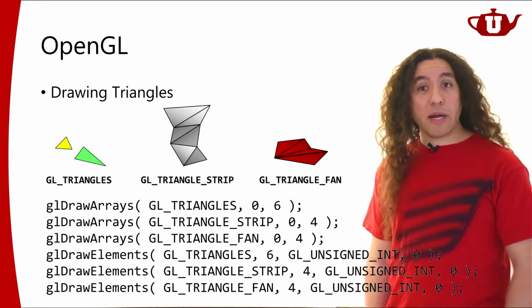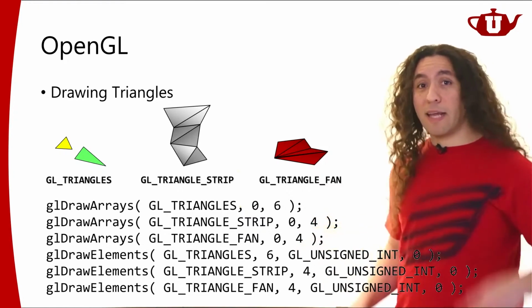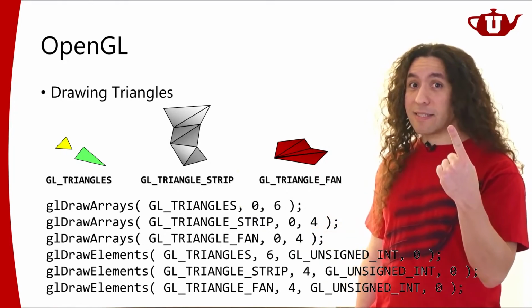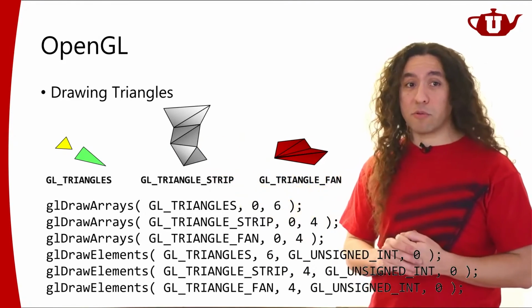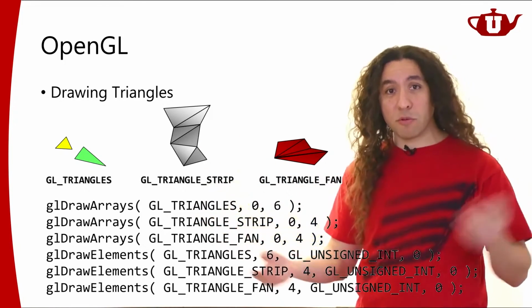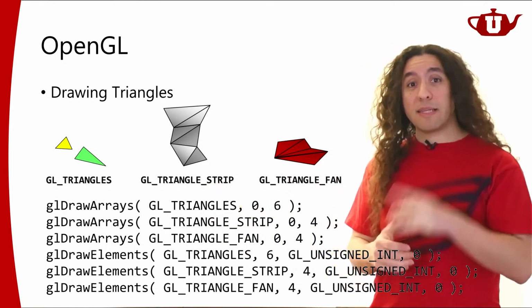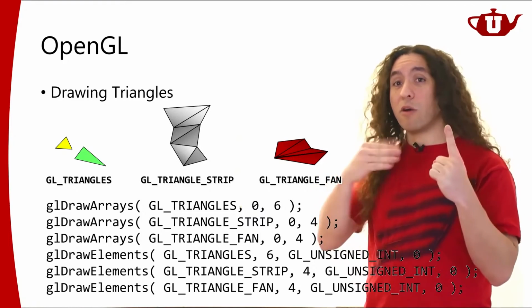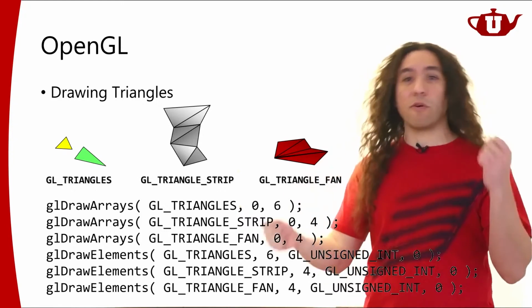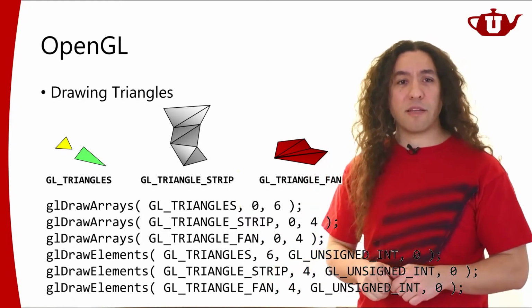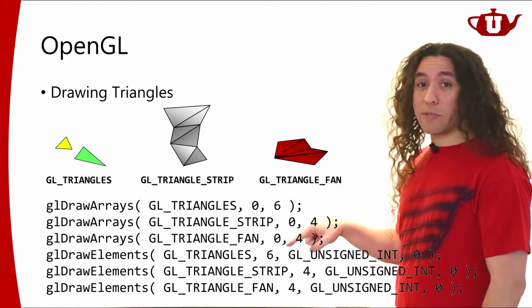But that would require you to process your data such that a single index will be the same index for all of the vertex attributes. So if I have multiple vertex attributes, and oftentimes I will have multiple vertex attributes, the same index will represent all of those, will be valid for all of those attributes. So I'm not using a different index for surface normal and different index for vertex position. So I need to do that processing so that I can use elements.